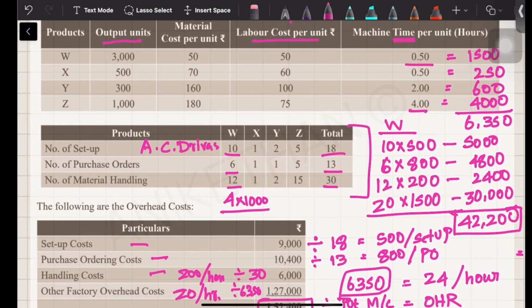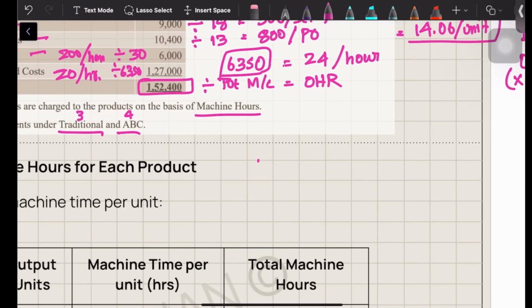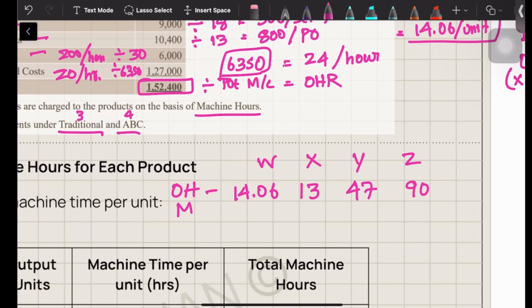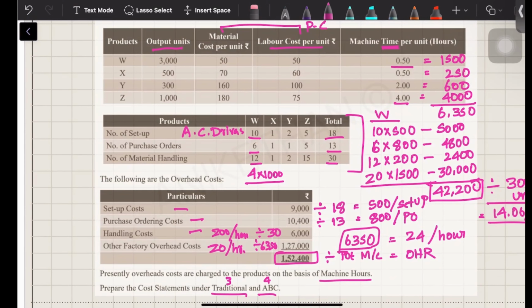After you solve, what you will get for W, X, Y, Z: W you calculated 14.06, here you will get 13, here 47, rounding off, and Z is going to be 90. So this is just the overhead cost based on ABC. To this we have to add material and labor. Material and labor are given per unit directly.